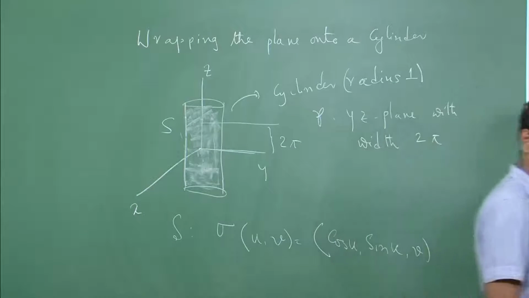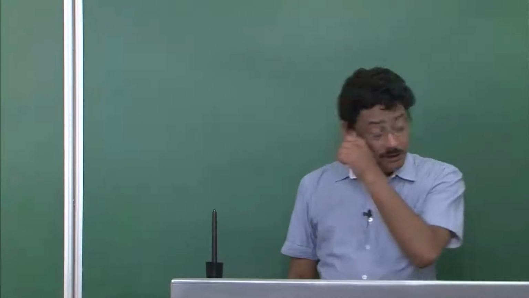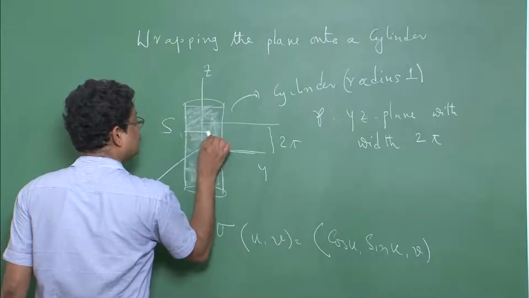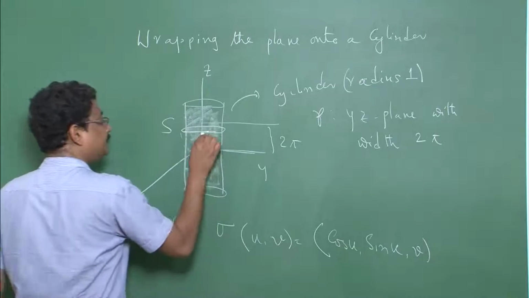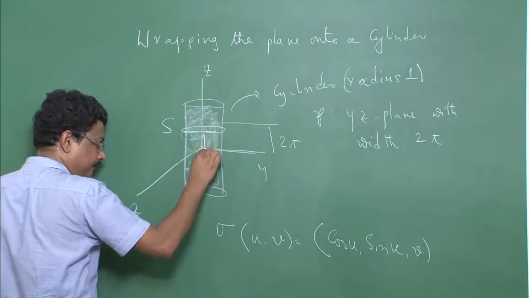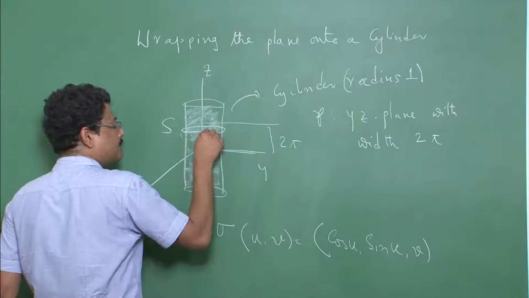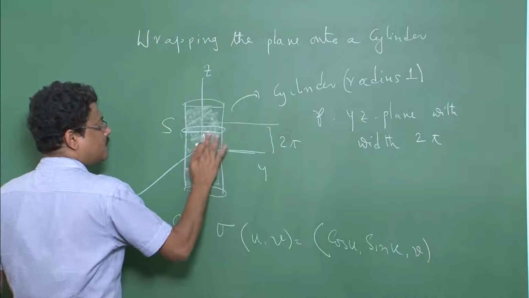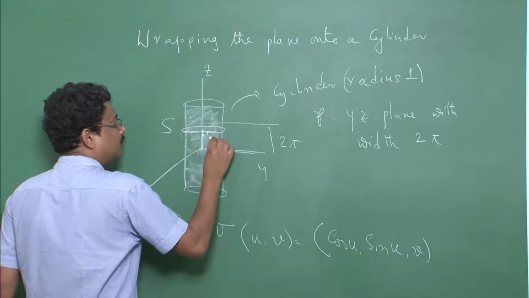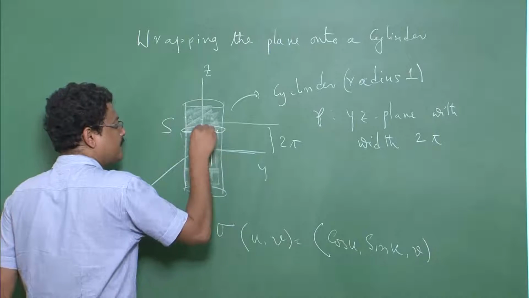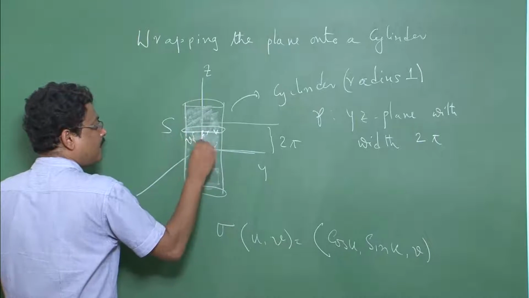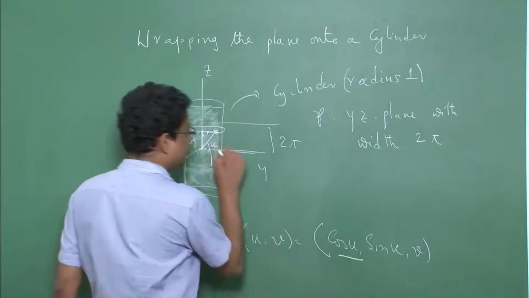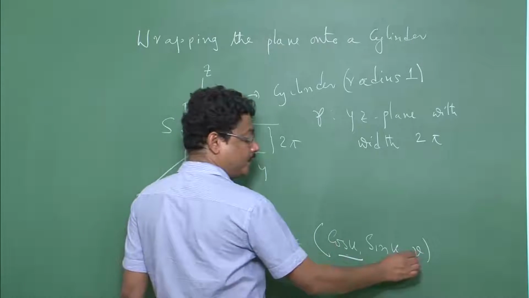A typical point on the cylinder, this is the height v, and this is the angle u. Maybe I draw it a little bit carefully. So, a point here, this is the height v and the angle u. So, this point can be uniquely determined by cos u, sin u and the height v.